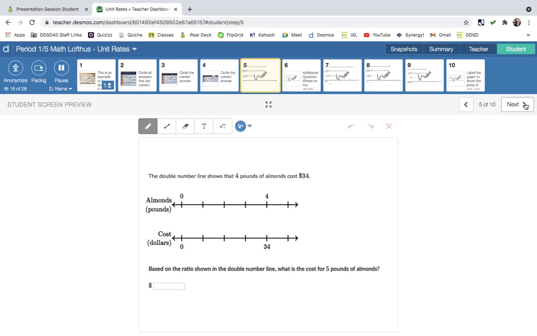The double line shows that 4 pounds of almonds cost $34. Based on the ratio shown in the double line, what is the cost for 5 pounds? So what we could do is go back here to 4 pounds, 1 pound. And we could do 34 divided by 4, and we're going to get 8.5.